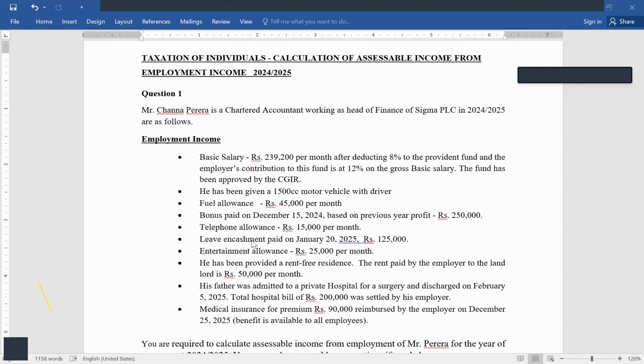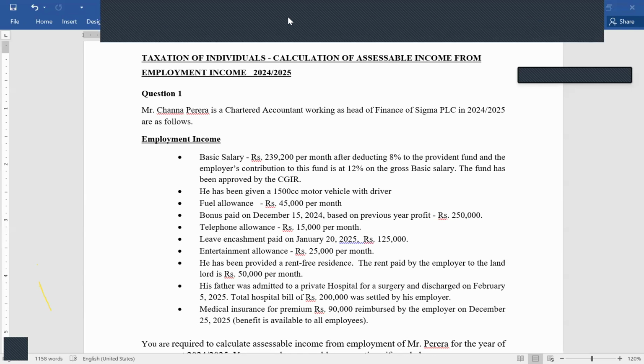Then leave encashment paid on January 20th, 2025, 1,125 rupees. Is it liable? Leave encashment.